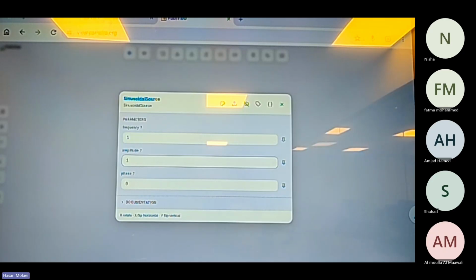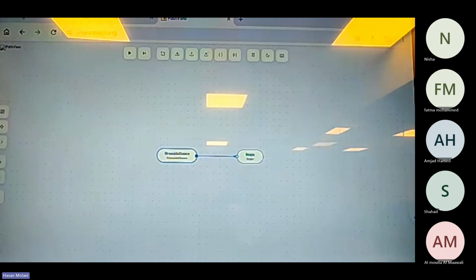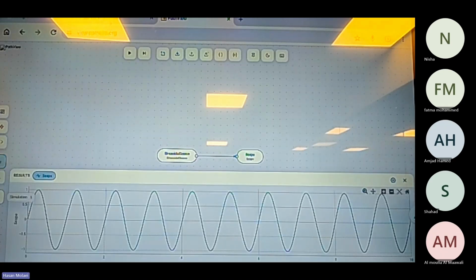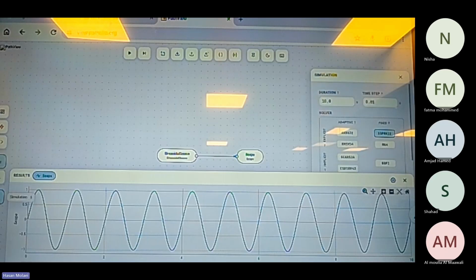It has frequency, amplitude, and phase. Suppose here we have frequency 1, amplitude 1, and I run the simulation. If it's simulated, we can see here the result. Right now, I'm simulating until 10 seconds. You can change the duration of your simulation and the time step here if you want.